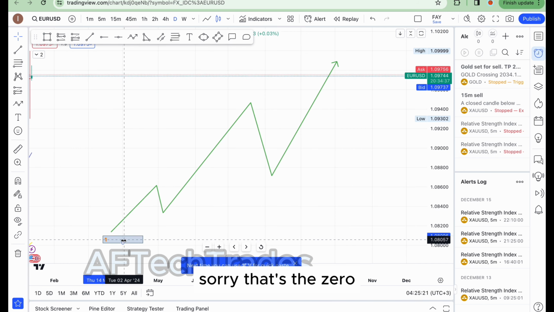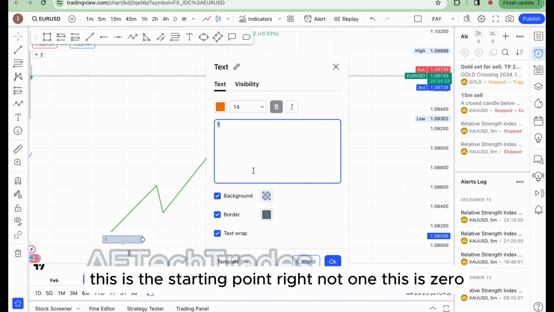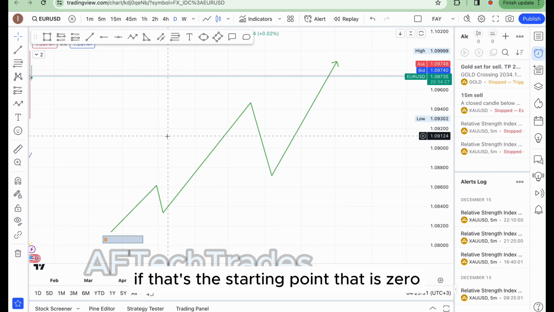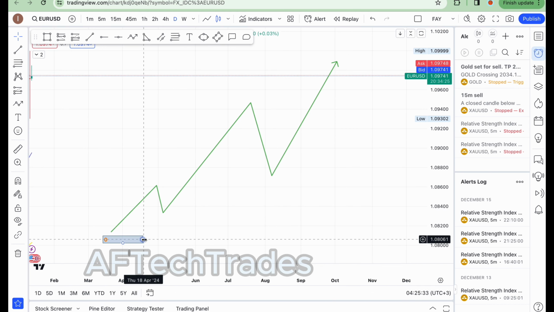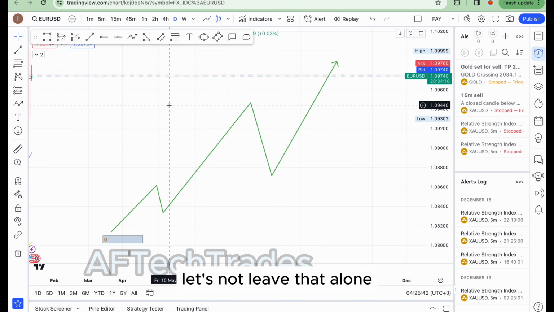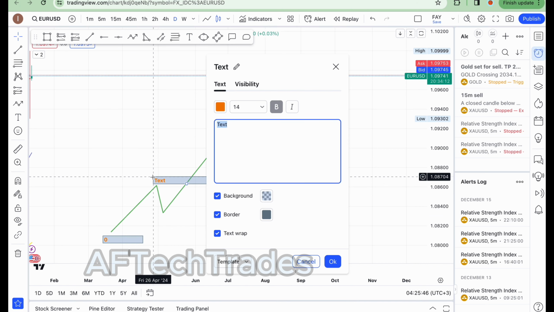Sorry, that's the 0. This is the starting point, right? Not 1. This is 0. If that's the starting point, that is 0. Then we have, this is 1.